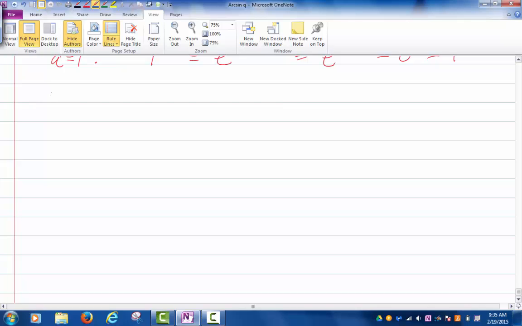One thing I want to mention here, just a remark. Suppose that I am looking at the function b to the x, and the number b is between 0 and 1.